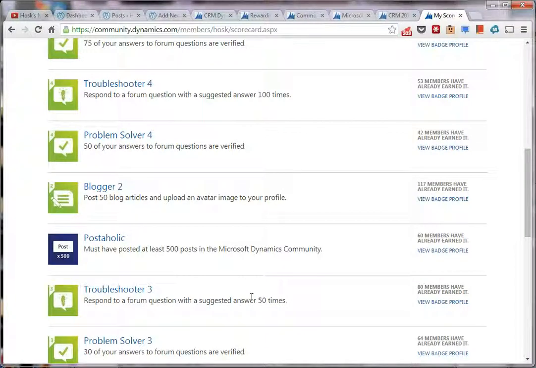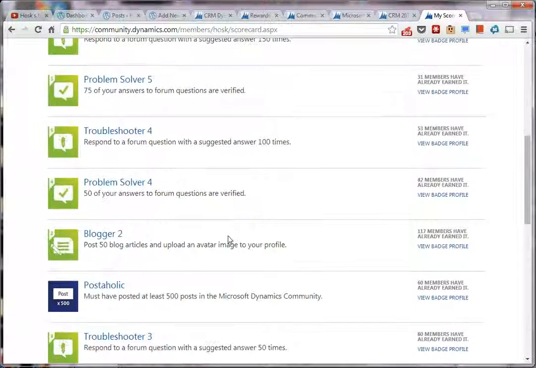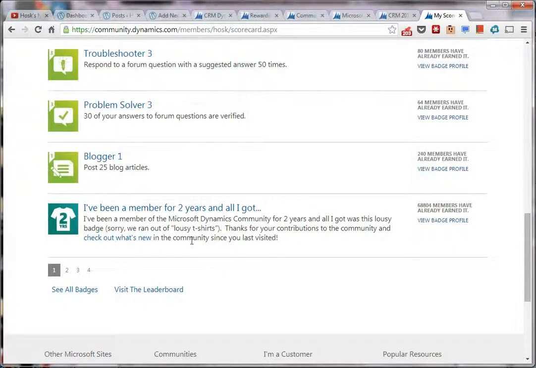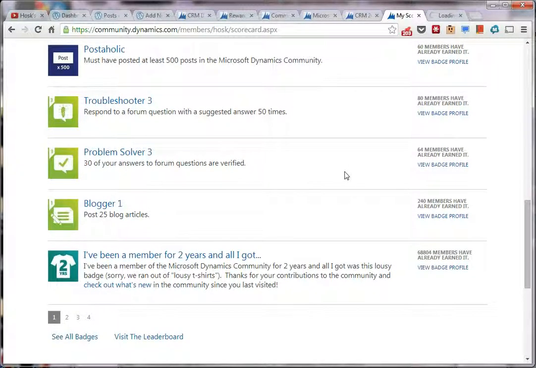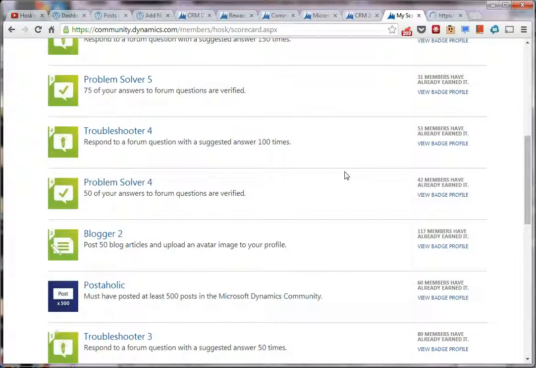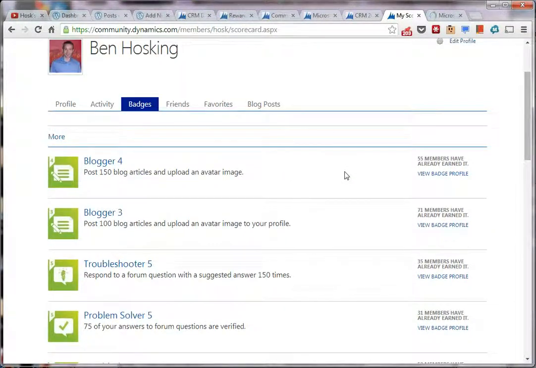You'll see that there are plenty of different badges. If you scroll down, here you go, it's one of those special badges: I've been a member for 2 years, and all I've got is this badge. But if you scroll down, you can see all the badges. I think they changed the badges to appeal to the gamer in a lot of people, where you want to collect all the badges and get those achievements racked up.